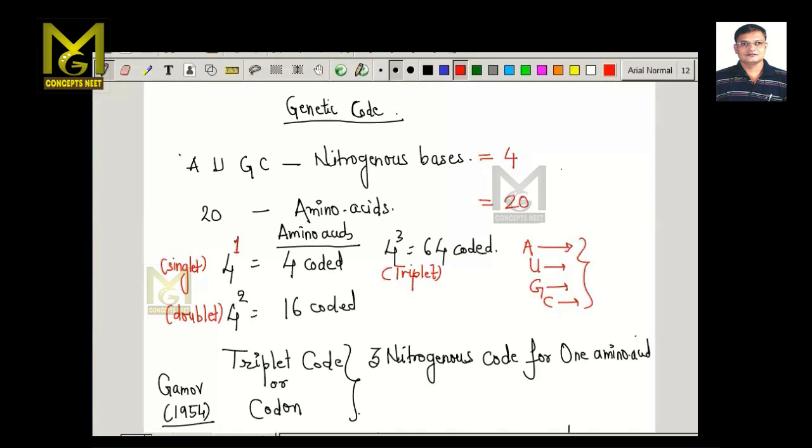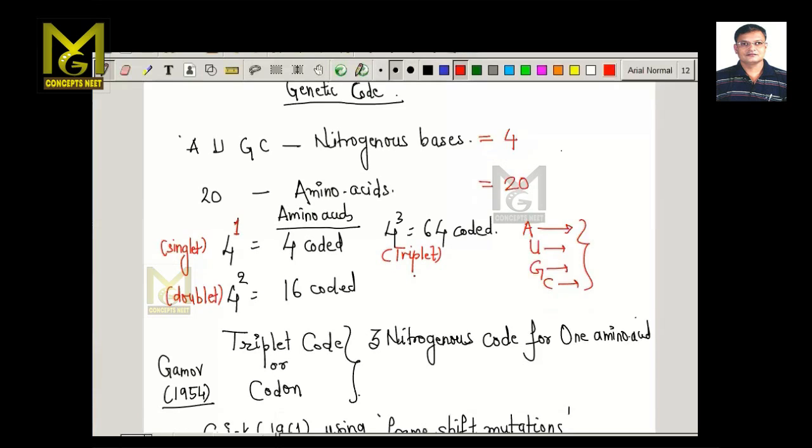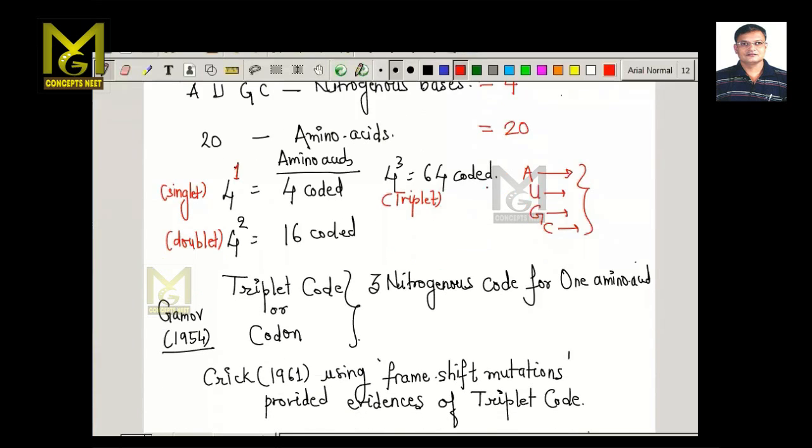So what will happen? The number of amino acids encoded will be far more than the required 20. What is the advantage? In this case, the advantage is all the 20 amino acids will be coded.